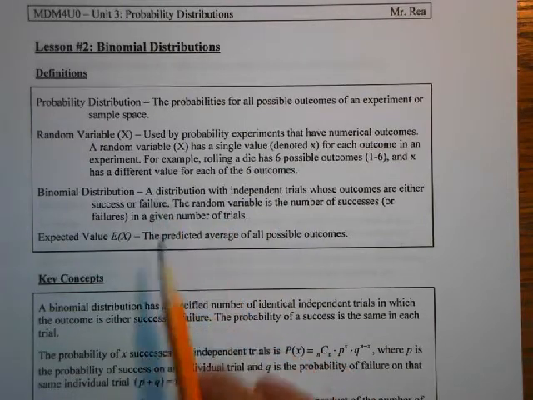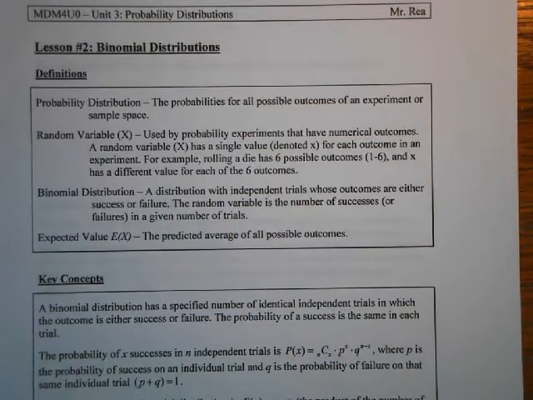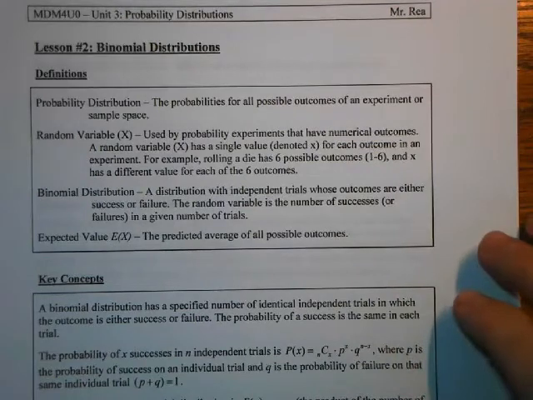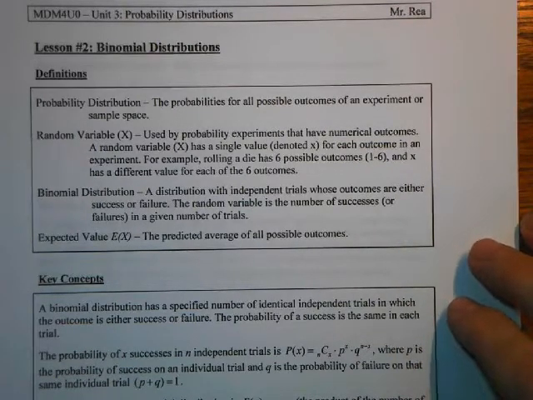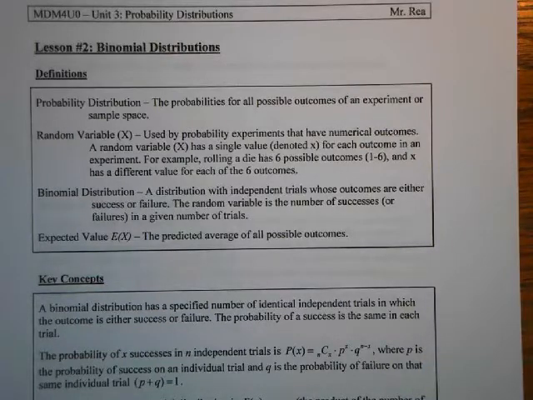This may sound limiting at first, but it's actually not, because, for example, you could turn rolling a die into a binomial distribution if you just wanted to see the probability of getting an even number, 2, 4, or 6, when you roll the die.